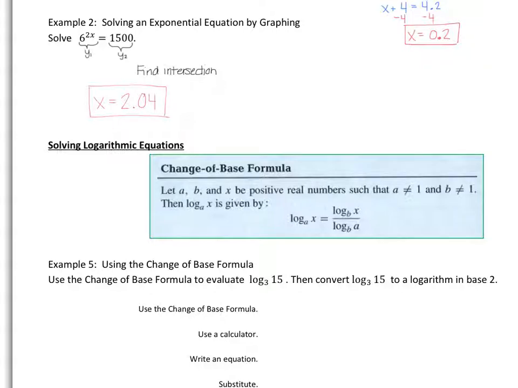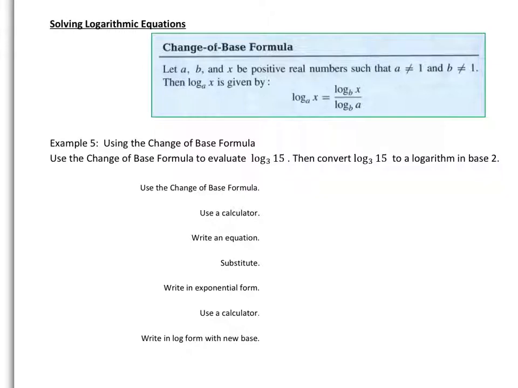Okay. This next one is the one where we're not quite solving. What we're going to do is use the change of base formula, right up here, to figure out log base 3 of 15. We're going to do this using our calculator and that formula.